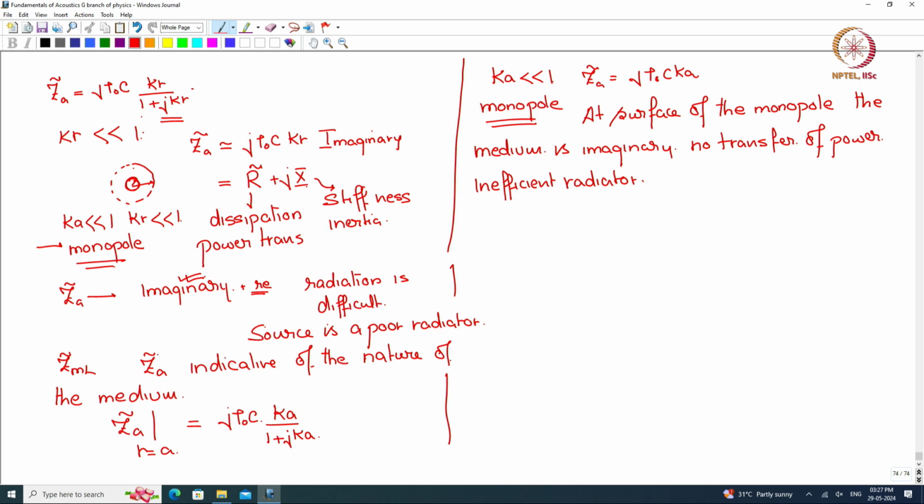If you recall, the mechanical power was given by force squared by 2 magnitude of mechanical impedance squared into the real part of the impedance. If there is no real part over here, there is no time averaged power transfer.